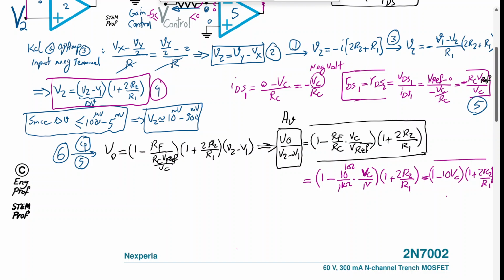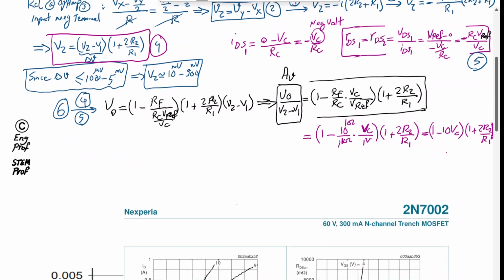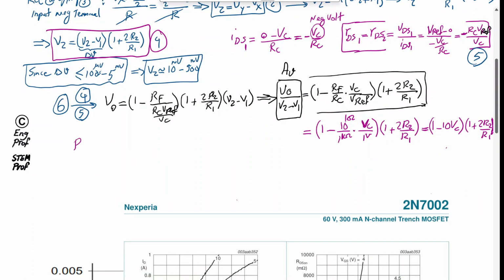So we can play different things. We can also set, as another example, RF to 100 kilo ohm instead of 10 kilo ohm. If I do that, then maybe I can make the assumption that 10 times VC is much larger than 1, assuming that the circuit can accommodate such gain, if this choice is practically applicable for the exact application you have in mind.